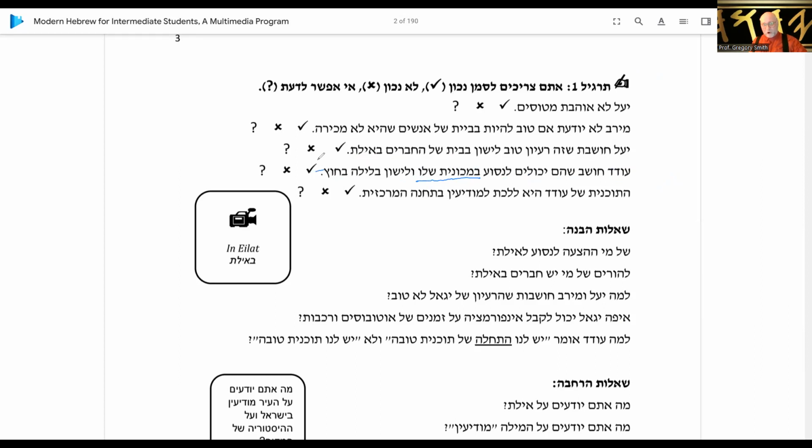So I'm going to put nachon, and not efshar lada'at, because the whole idea is still intact: Odet is the guy with the bright idea that we should take the car and travel as far as we can, then get our sleeping bags and sleep outside on the ground, and in the morning continue on to Eilat. Now, I might think differently if this last one is efshar lada'at. We'll see if it is.